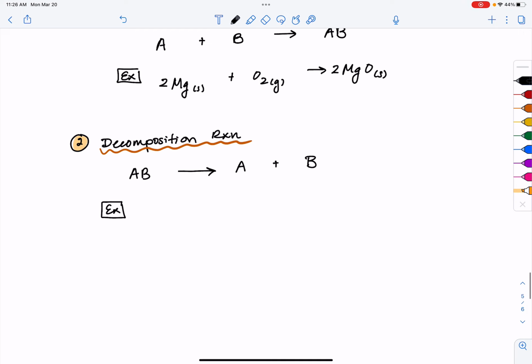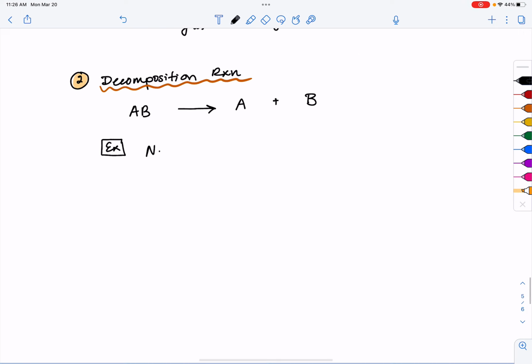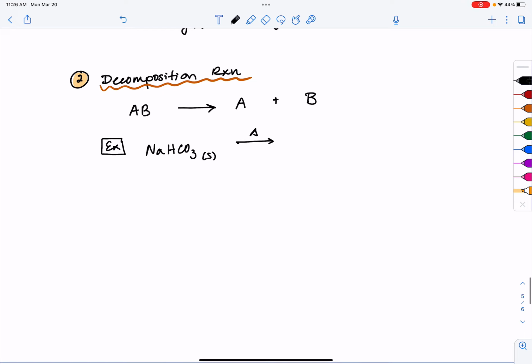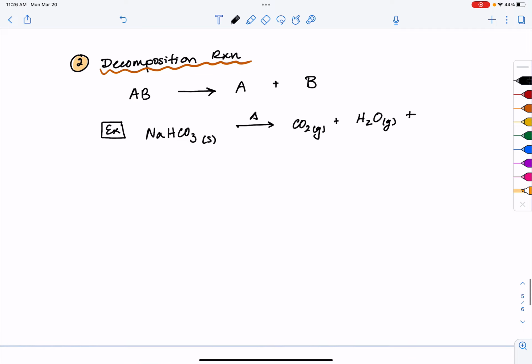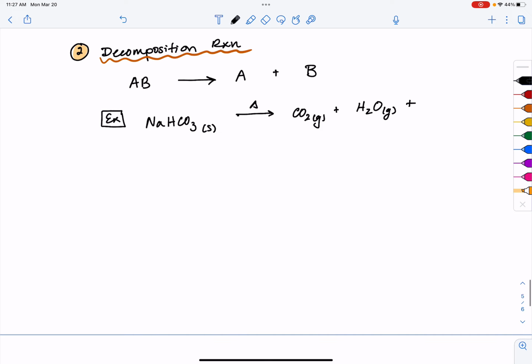So for example, if you take sodium bicarbonate and add a little bit of heat, you create CO2 gas, H2O, and what is the other product here?